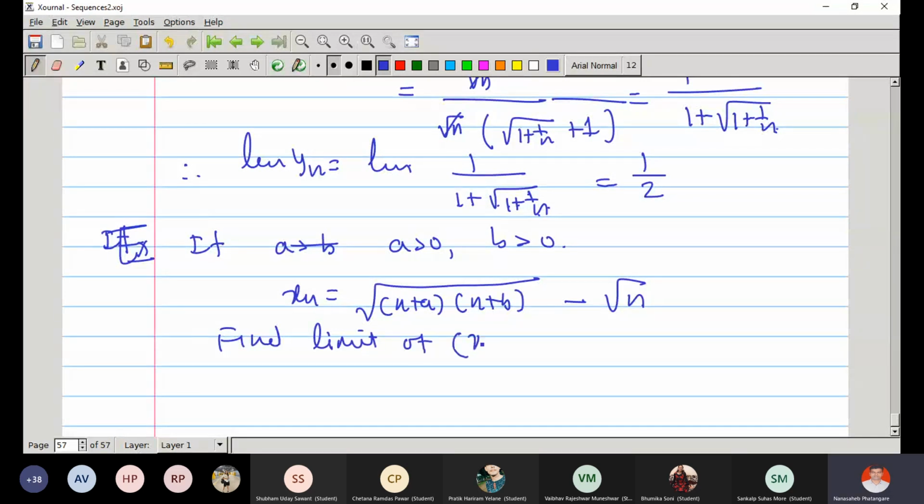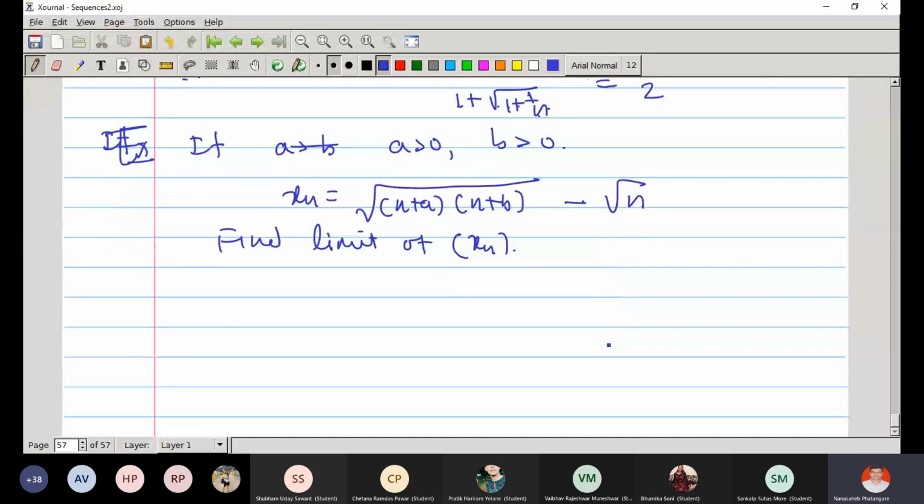Here xn is given in this way, and a and b are positive. The procedure is similar to the previous one. Rationalize this and see what the limit is. So you think about it and see what the limit is.